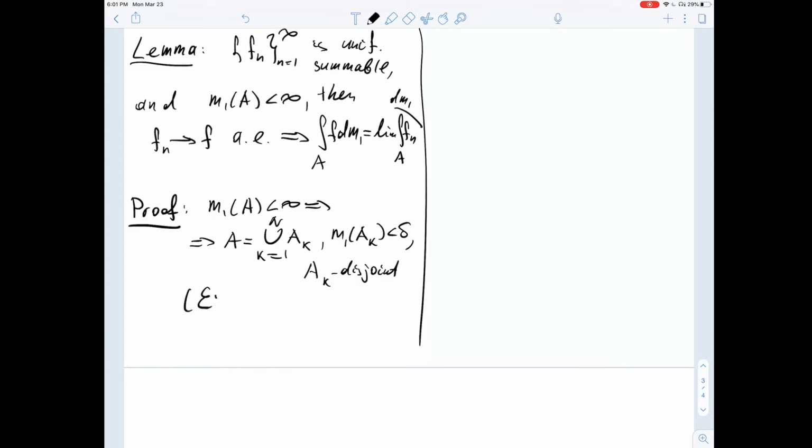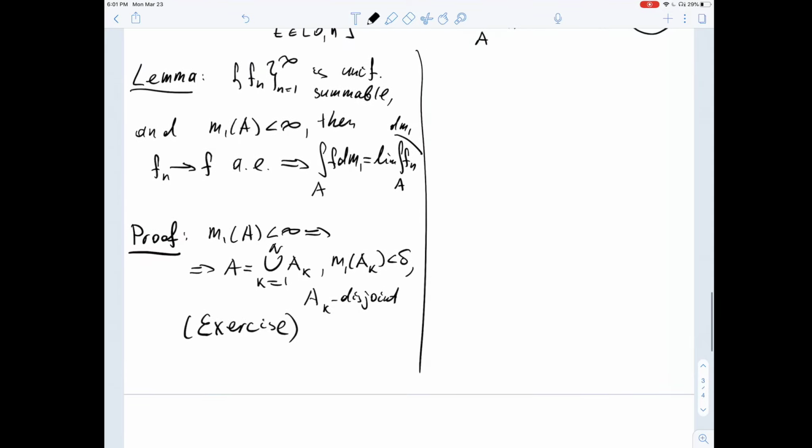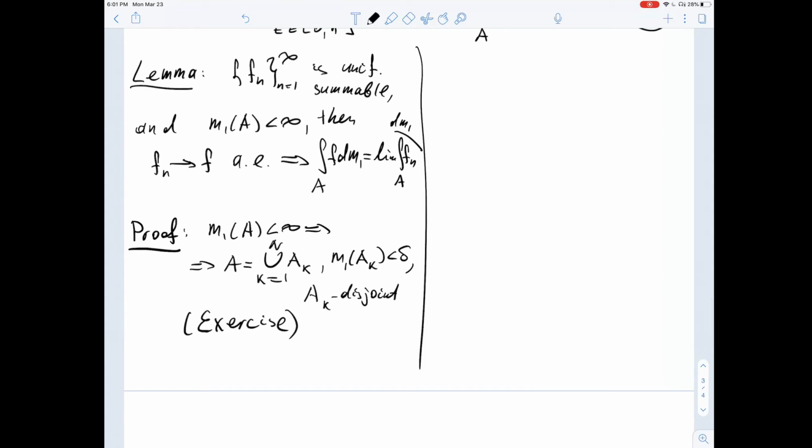I'll leave it as an exercise. It's almost obvious, especially if A is a bounded set. If A lies in some huge interval, then this is very easy, just split this interval into many pieces. But A theoretically can be unbounded and still have finite measure. Then you need to be a little bit careful. So then you need to find this huge interval that works first.